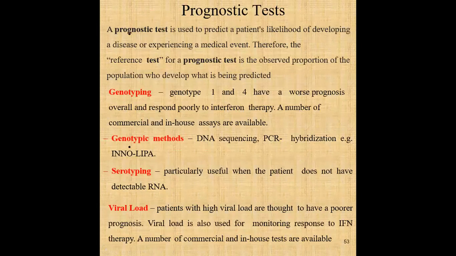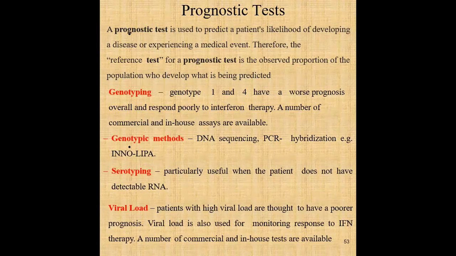Then the prognostic test is also utilized. What is a prognostic test? A prognostic test is used to predict the patient's likelihood of developing a disease or experiencing a medical event. The reference test for the prognostic test observes the proportion of the population who develop what is being predicted.